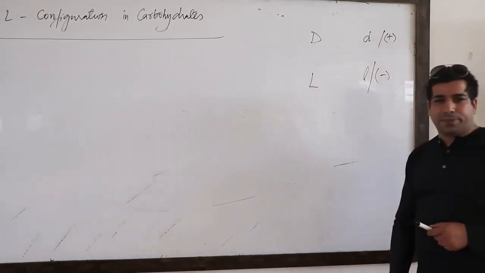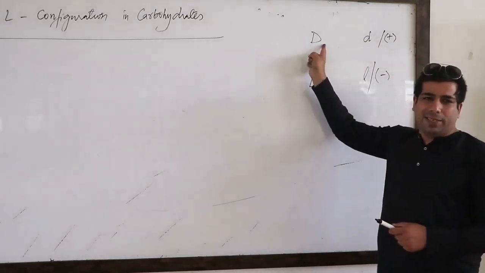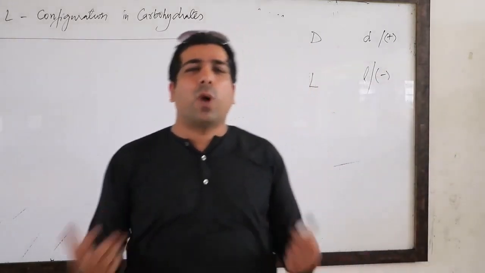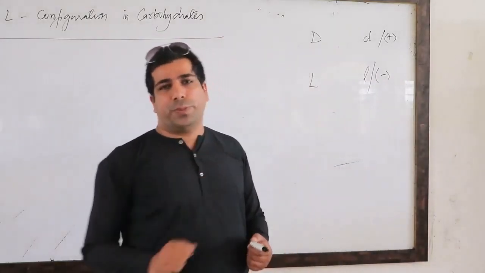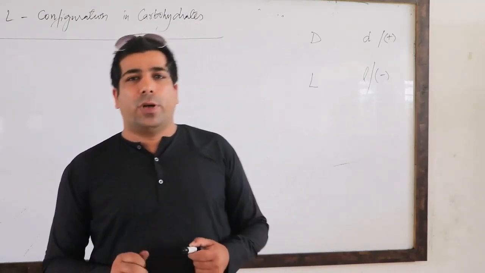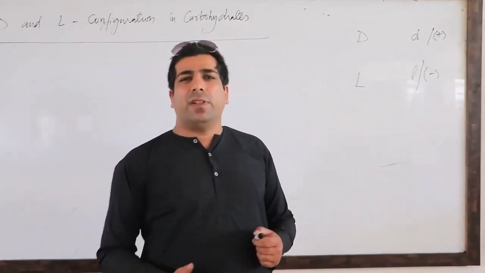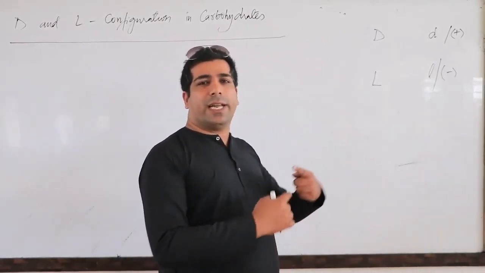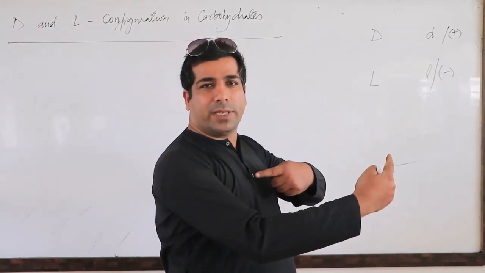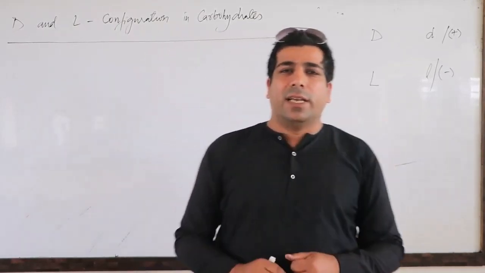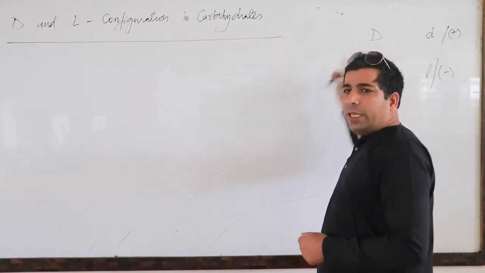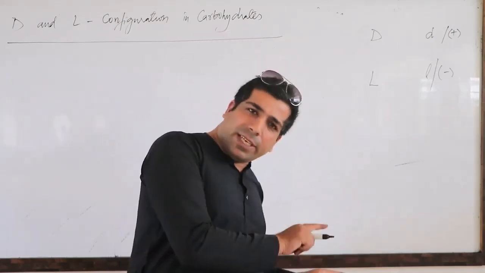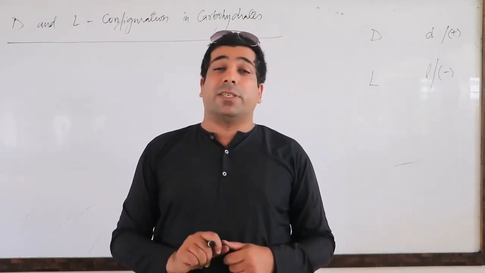What is the meaning? If you look at this capital D, it is just a configuration, arrangement. Arrangement of what? Arrangement of OH group on the right side of last chiral carbon. Okay? If the OH group is present on the right side of last chiral carbon in a carbohydrate, we call it capital D configuration. If the same OH group on last chiral carbon is present on the left side, we call it capital L configuration.